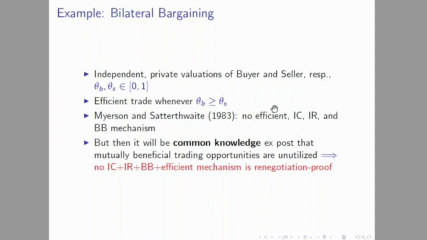There is a buyer and a seller, and one single good that they are trading. Each buyer's and seller's benefit type from consumption is drawn from a unit interval. It's their private information. Efficient trade should take place whenever the buyer's valuation is higher than the seller's valuation.